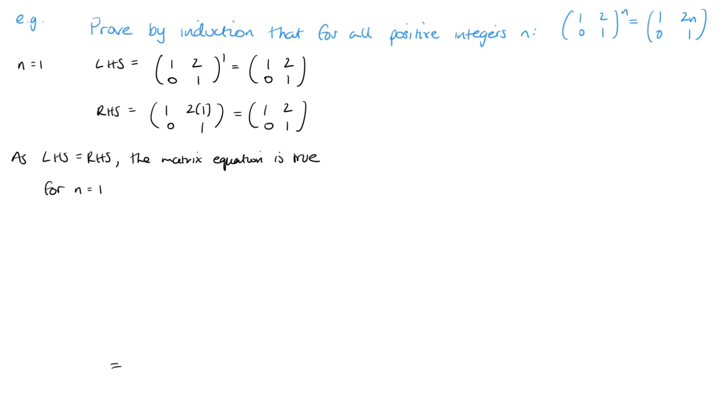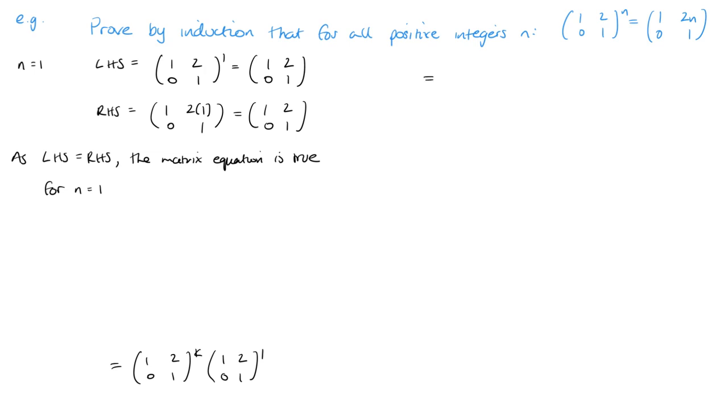So with this power k plus 1, we can split this up into the power k multiplied by the power 1. Okay, now this is coming from my assumption step.